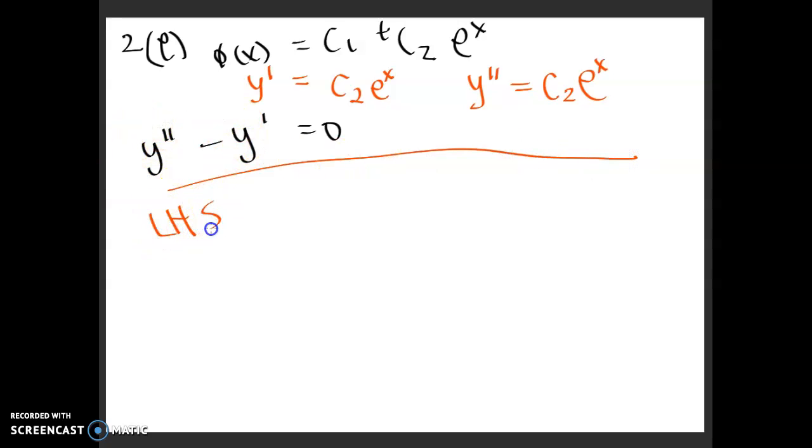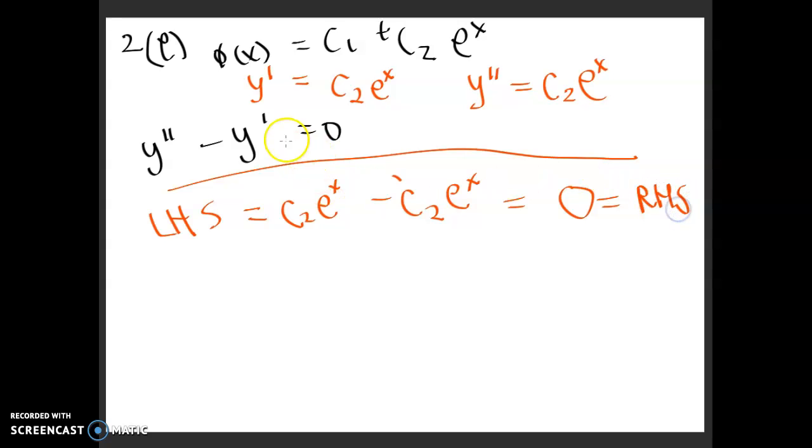So try to get in the practice of writing these kinds of proofs. It's super clean. So we have y double prime as c2 e to the x minus y prime is c2 e to the x. They're exactly the same thing. So we did end up with 0, which is the right-hand side of the given equation that we are asked to prove. And that's it.